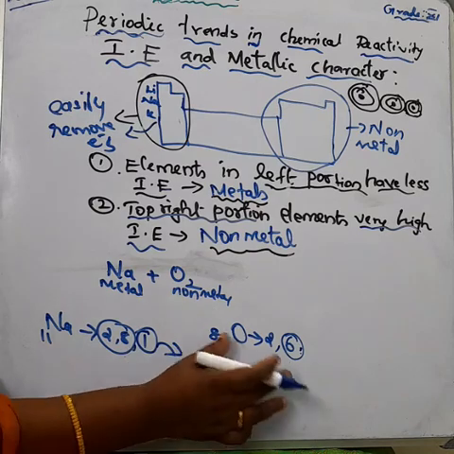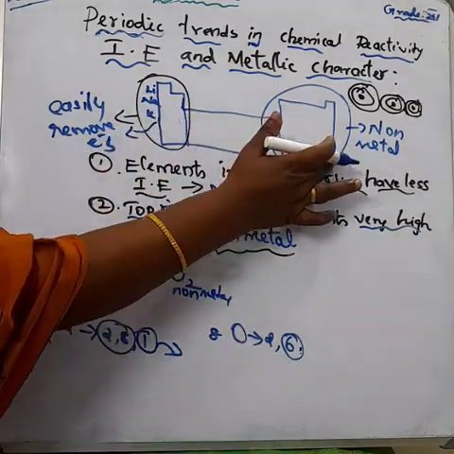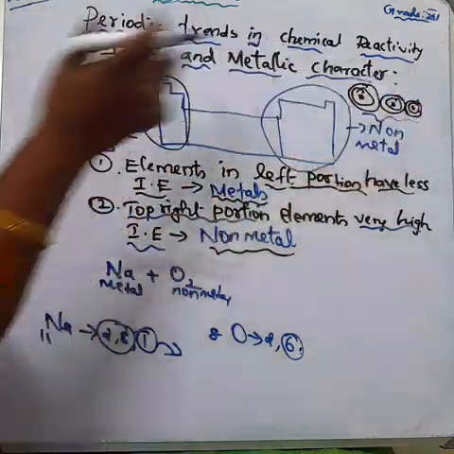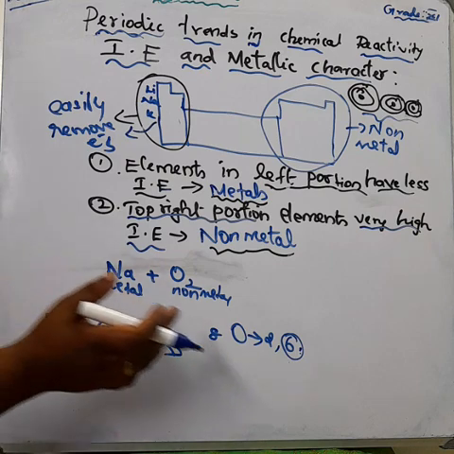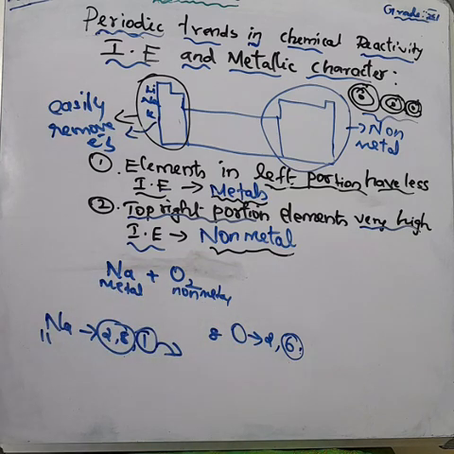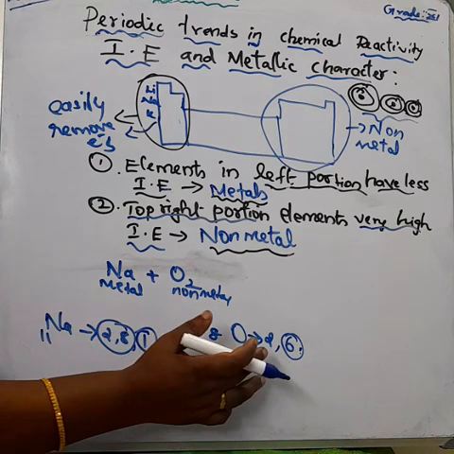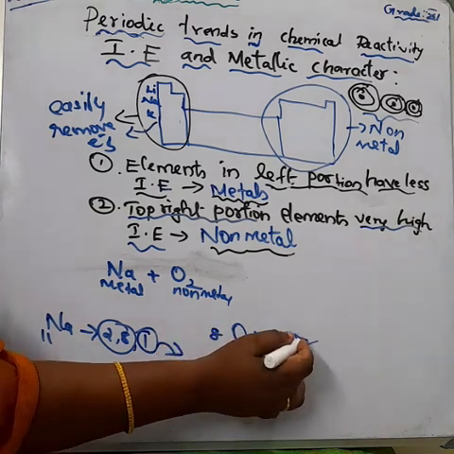When we move from left to right, the atomic size decreases because the nuclear charge increases. The increase in nuclear charge tends to pull the outermost electrons towards itself, so the ionization energy is very high. It cannot easily remove electrons. It always attracts electrons because it needs only two electrons to get the stable electronic configuration.